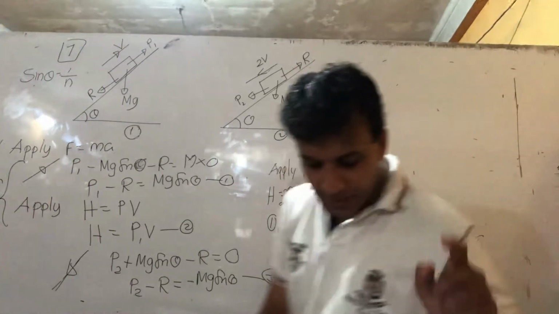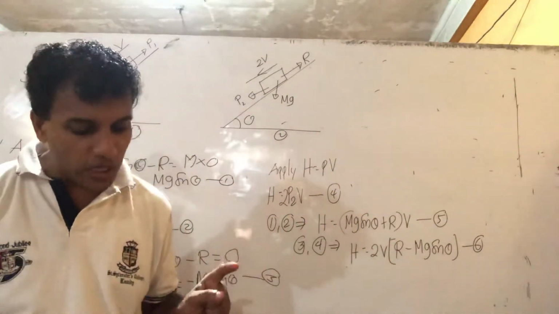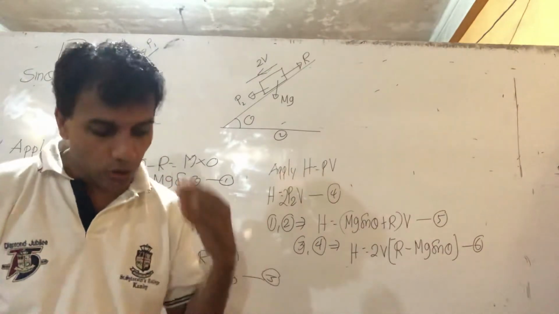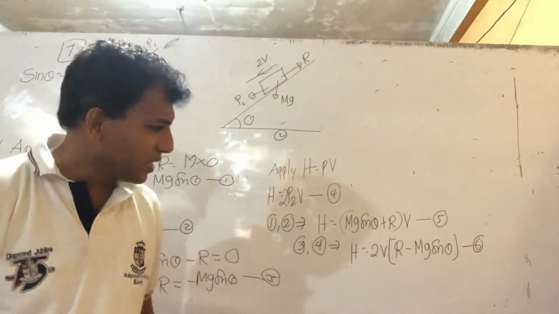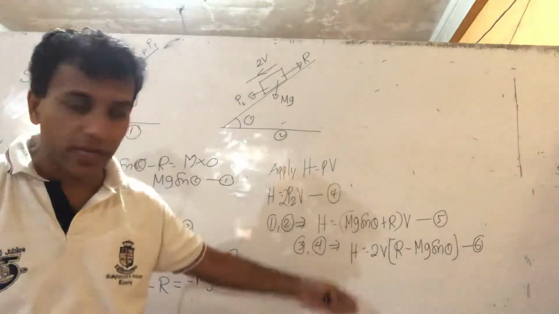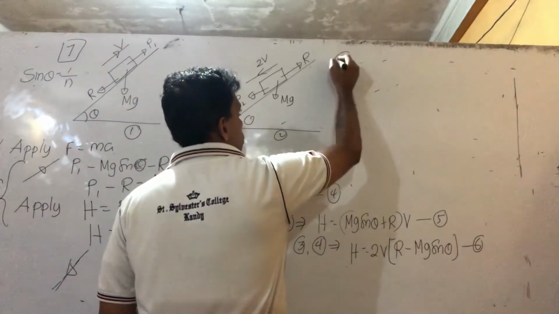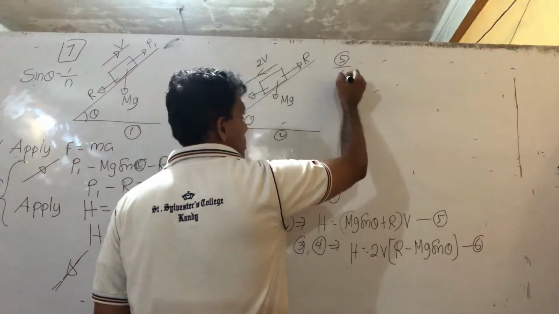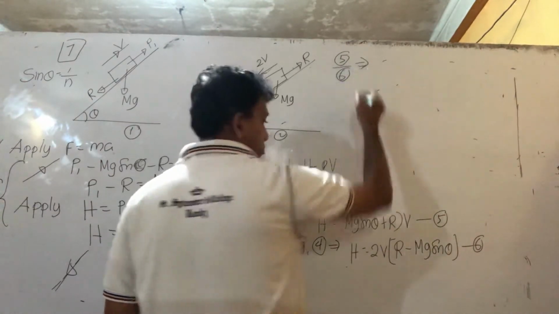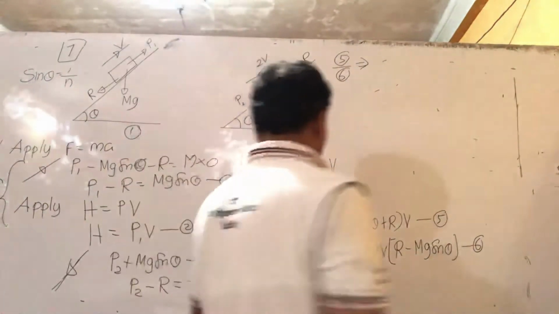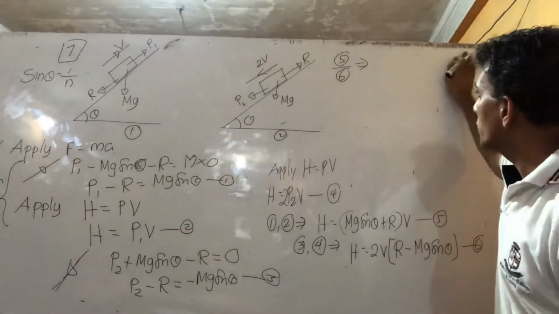Now they ask for the answer in R, 3 mg and n. There is no V, no H. So equate these two, or divide equation 5 by equation 6. H over H is 1.